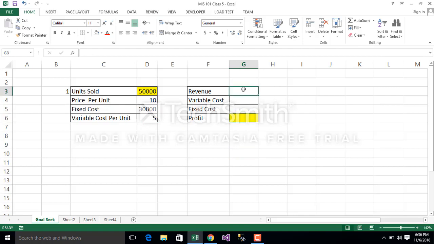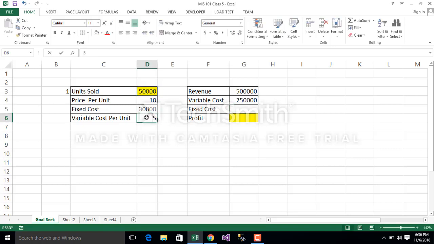So what is profit? Revenue equals units sold into price.